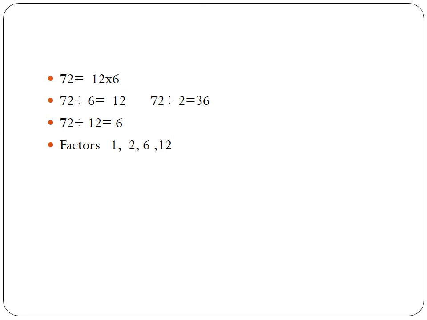That's why factors are 1, 2, 6 and 12. Because we have to write down the factors, 1, 2, 6 and 12 are the factors which can divide 72 completely.